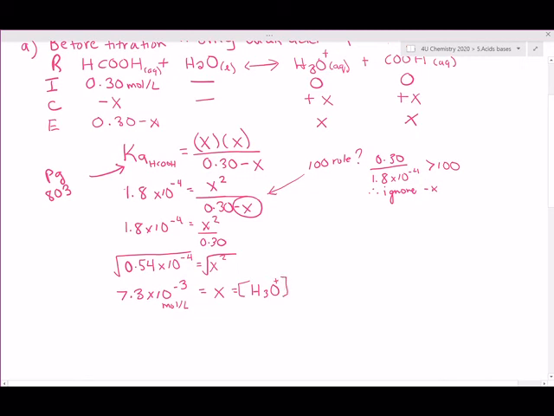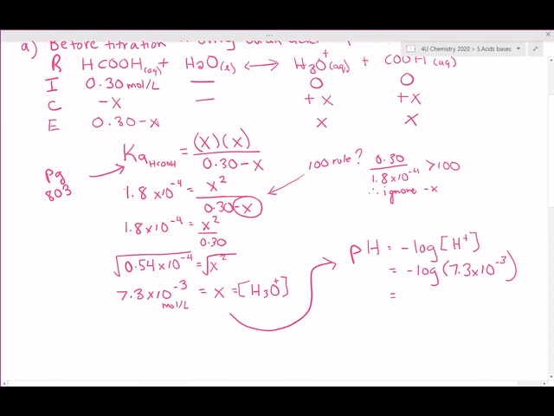So we're almost done. So based on that, if we're trying to solve for pH, this goes back a few more lessons. pH is the negative log of the hydrogen ion or the hydronium ion. So negative log of 7.3 times 10 to the minus 3. And remember, I don't put the negative in my calculator usually. I just take the log of that number.